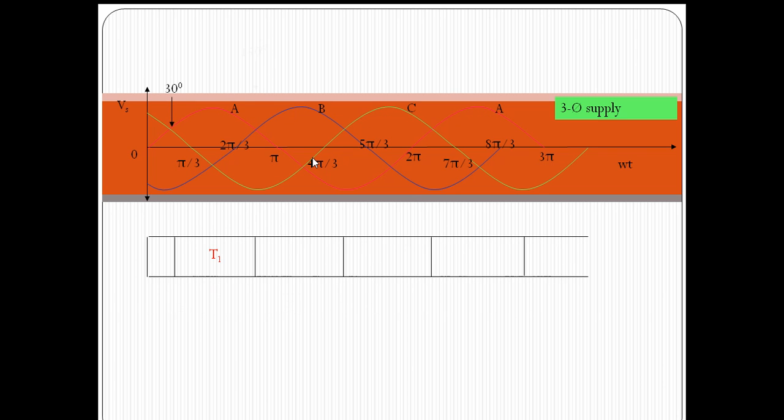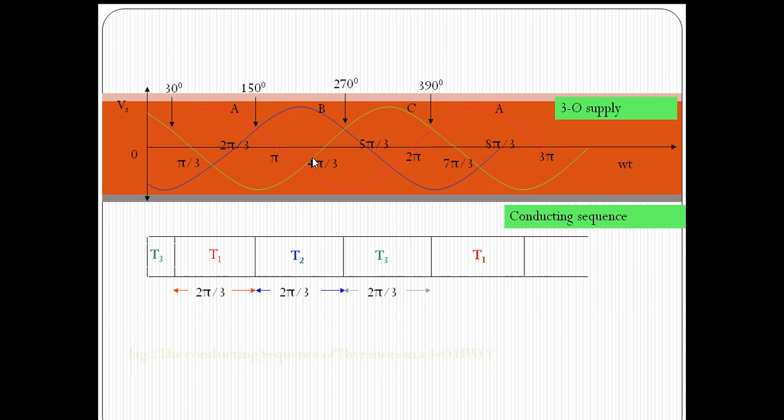This is the three-phase supply waveform showing the different phases. Phase A will be like this, and phase B will be lagging with respect to phase A by an angle of 120 degrees. Phase B is represented with this blue line, and phase C will be lagging with respect to phase A by an angle of 240 degrees.